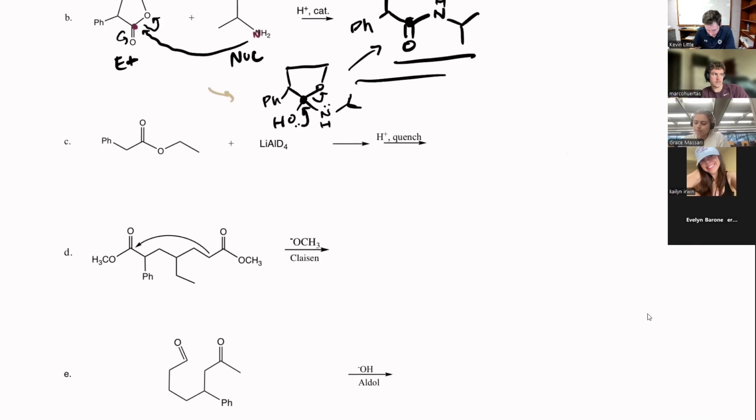This is an interesting question. Lithium aluminum deuteride. What is this? LAD. What does it look like? Would it react like LiAlH4?